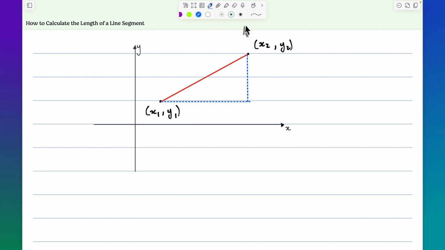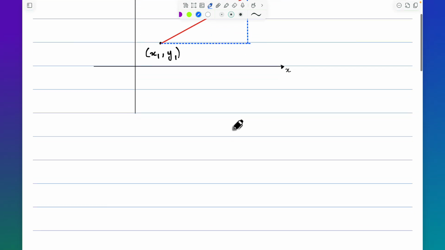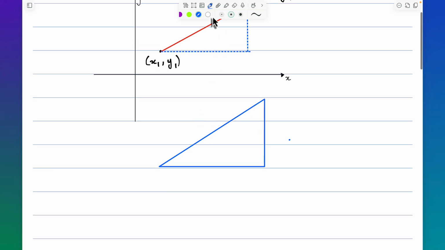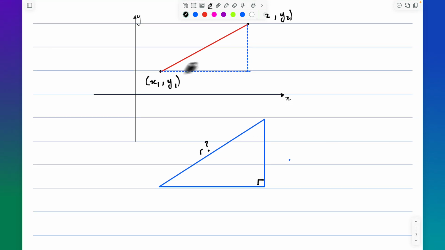Let's turn this back into that. If we have a triangle, let me just redraw this. Remember, the ultimate goal here is to find this value over here, the value that we're trying to look for. And it's a right angle triangle because this was movement in the x-axis direction and this is movement in the y direction.